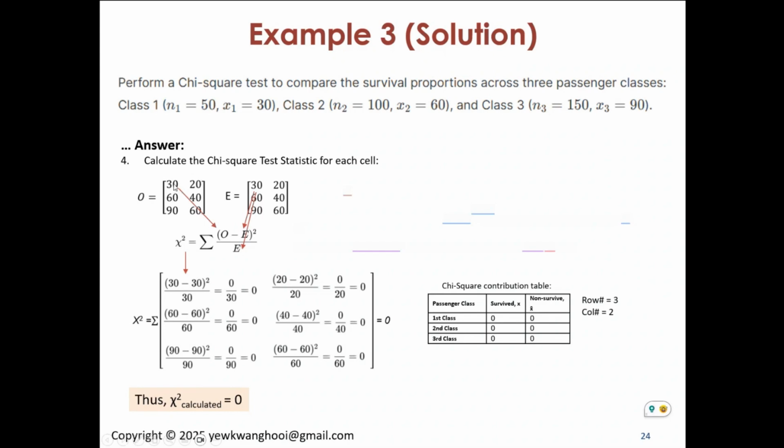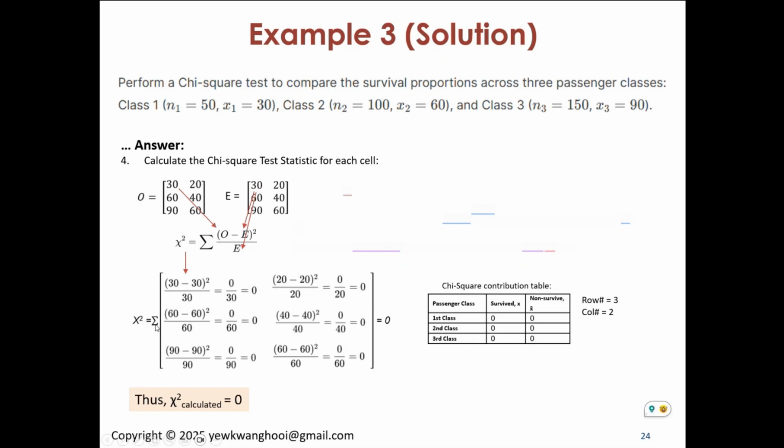For example, the first element, 30 in observed frequency and 30 in expected frequency, are subjected to the formula, resulting in 0. Then we repeat the same for the other elements: 20 with 20, 60 with 60, 40 with 40, 90 with 90, 60 with 60. In the end, we acquire the chi-square matrix, of which all the elements are zeros.